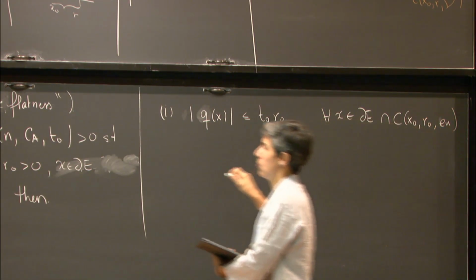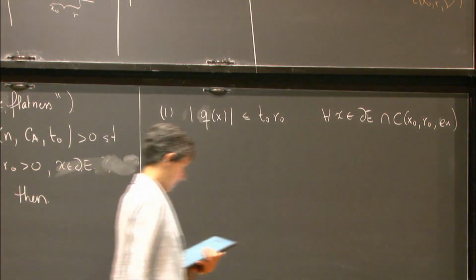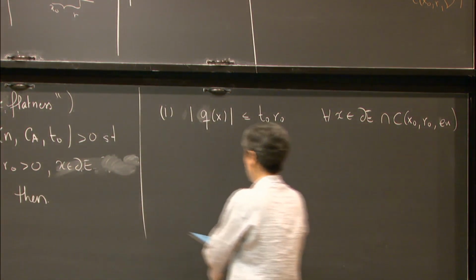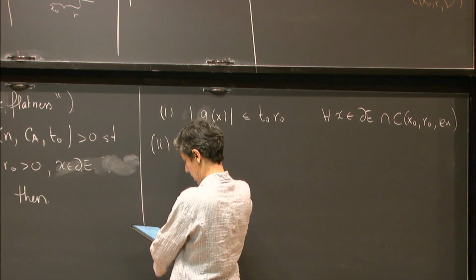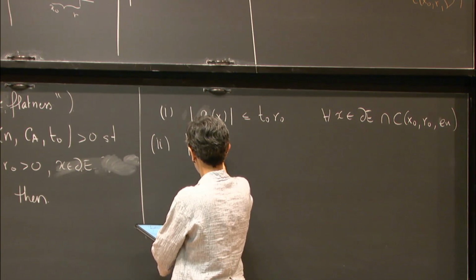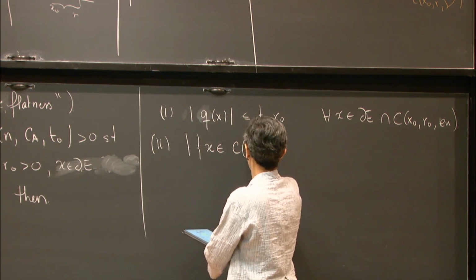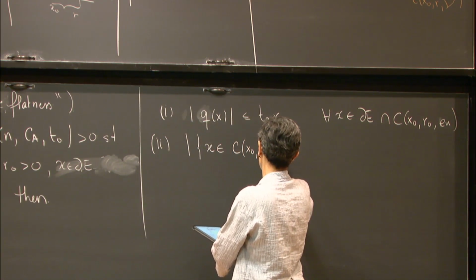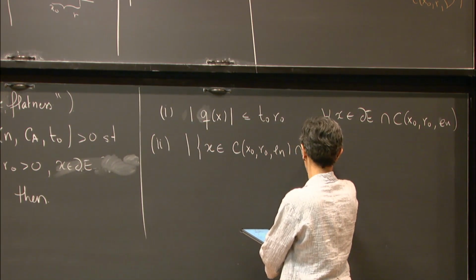And I am going to put a 2R0 here, and a 2R0 here. I'm sorry about that. It just makes my life simpler, and I'm not lying that way. So I have to shrink the cylinder. If I look at the Lebesgue measure of the set of x that belongs to C of x0, R0, e sub n, intersection the set E.